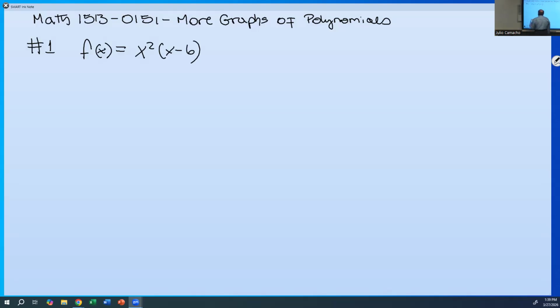In the first question, they're asking us to determine the end behavior of the graph of the function. I'll put here A, the end behavior of the graph.